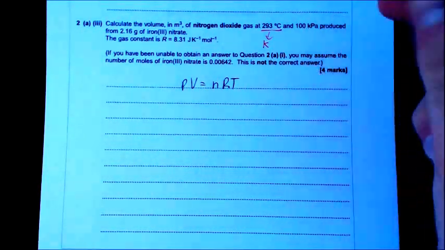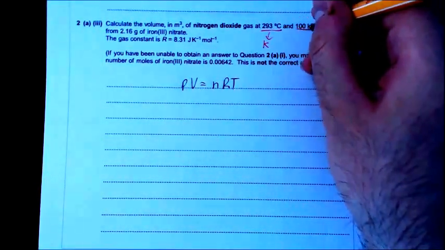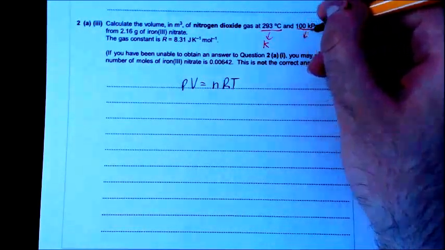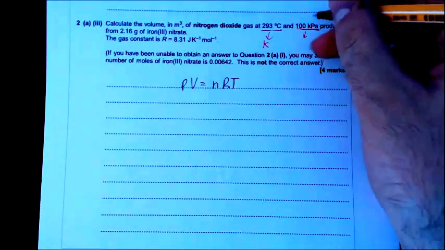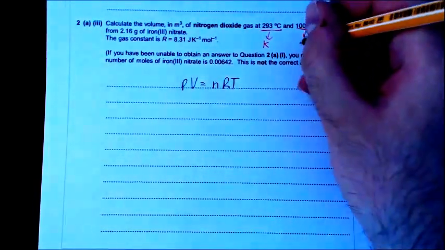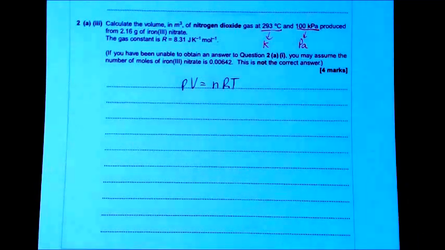If we look at the other one as well, 100 kilopascals, according to the ideal gas law, the standard unit for pressure in the ideal gas equation is pascals, not kilopascals. So we need to convert that into pascals as well. That's what we're going to do first.